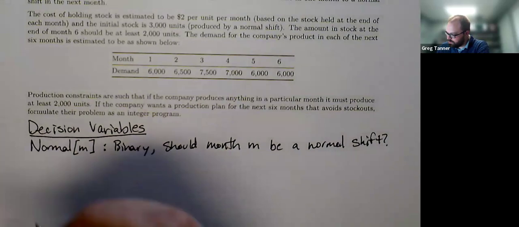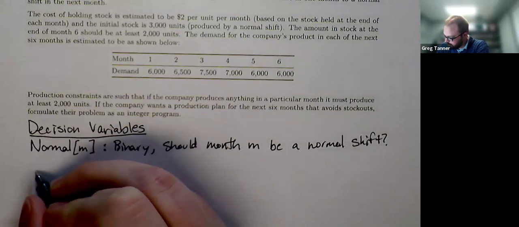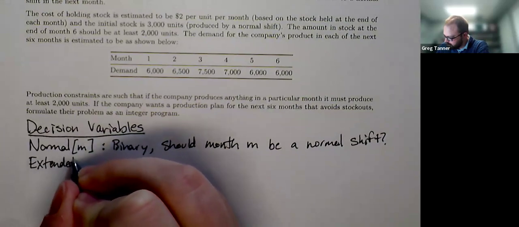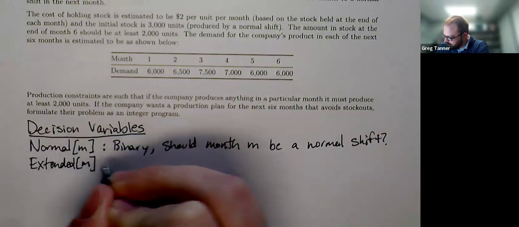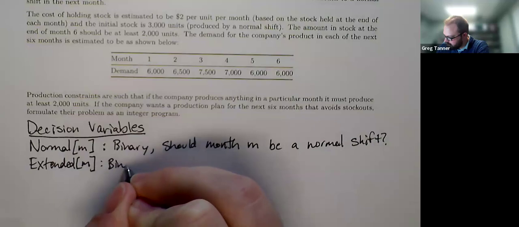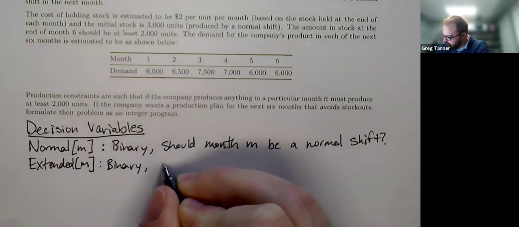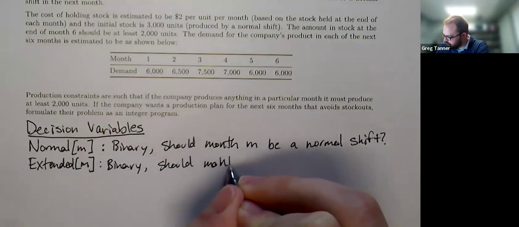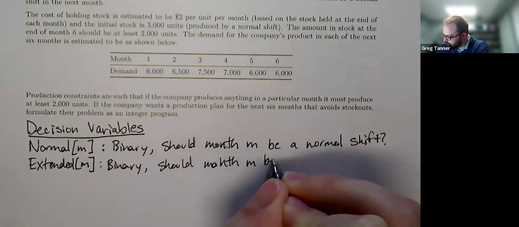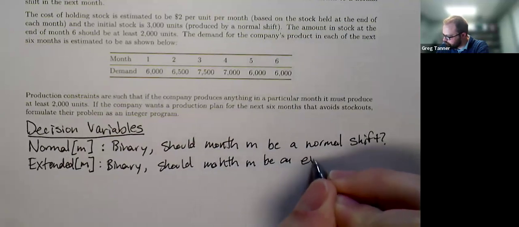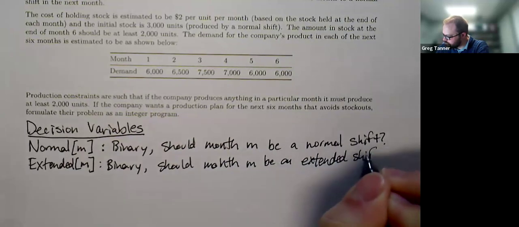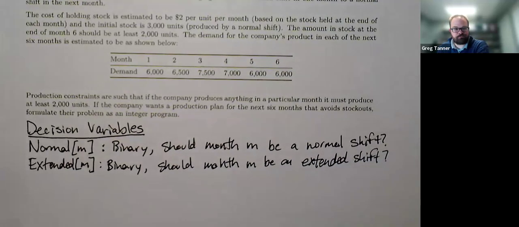We'll do the same thing with extended in month M, also a binary variable, and it will record whether that month should be an extended shift. So this will record whether it's normal or extended.